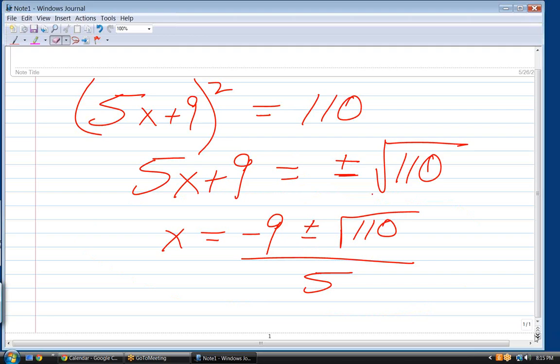Okay. Notice how much easier it was to do it this way, compared to expanding that out and then having to apply the quadratic formula. In other words, whenever the solution is an irrational number like that, it's not going to factor.